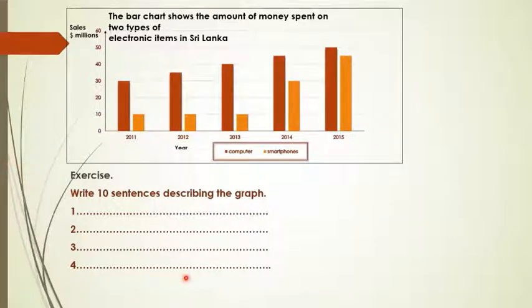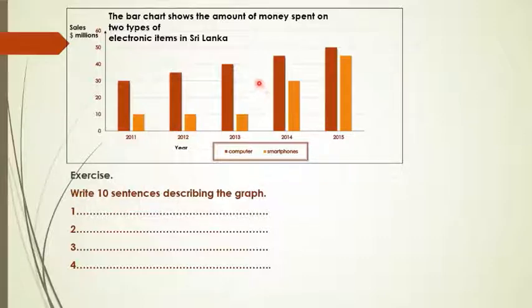Now it's high time you did an exercise, because practice is very, very important. Now you learned some vocabulary that could be used when describing a chart. Also, you became familiar with some sentence structures that could be used when describing a chart.